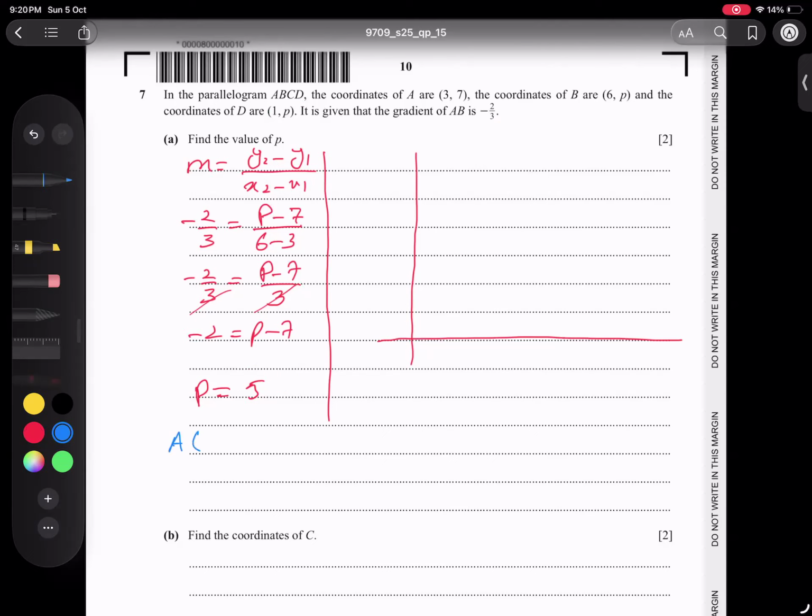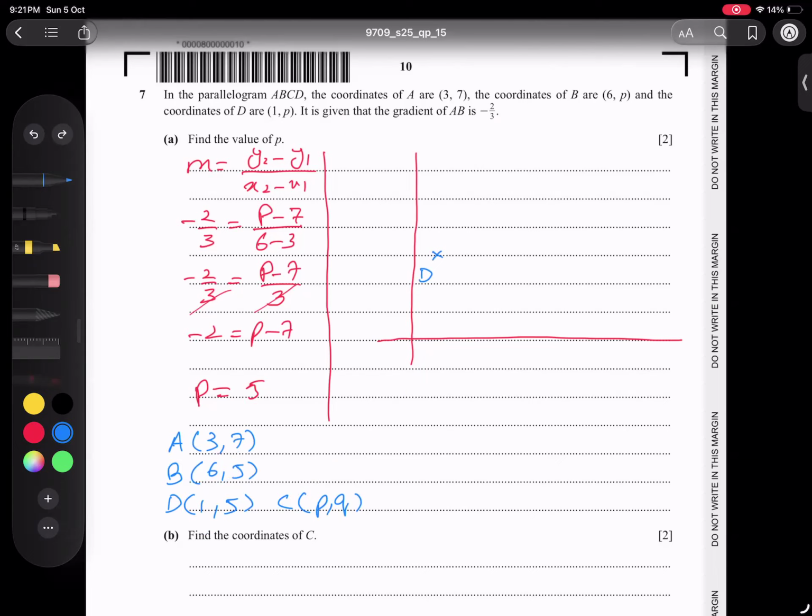A is 3, 7, B is 6, 5, and D is 1, 5. C, I don't know. I label C as P, Q. Now let's label all. Where is 1, 5? Somewhere here, so this is the D coordinate. Where is B? 6, 5. Well, let me check.